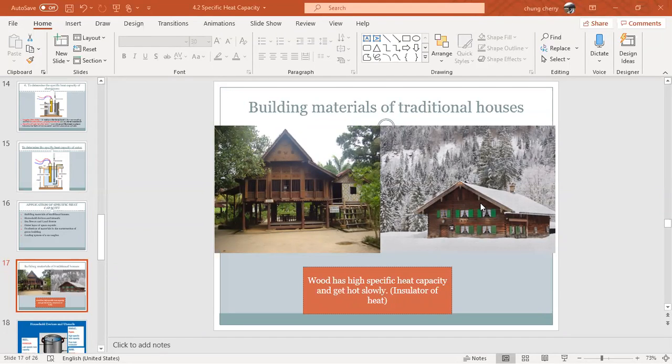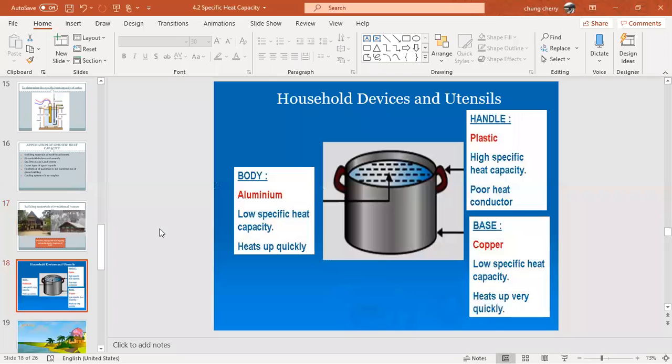Everything is made out of what? Made out of plastic, glass, wood, aluminium? Which one do you think it is? Correct, aluminium, made out of metal. Why is it made out of metal?